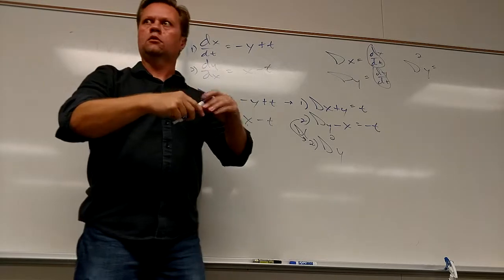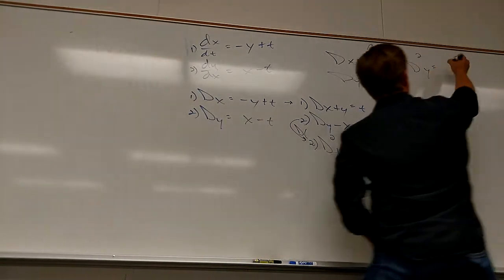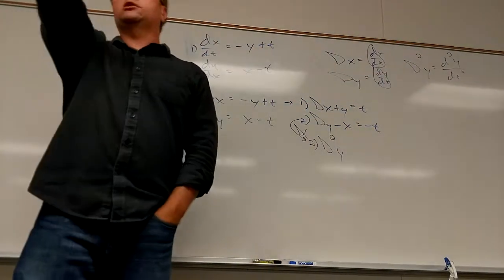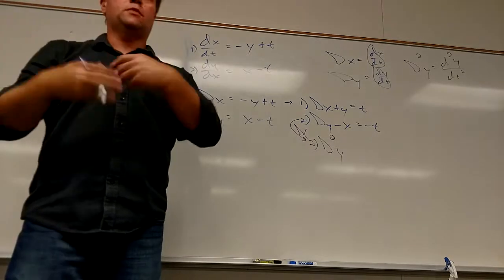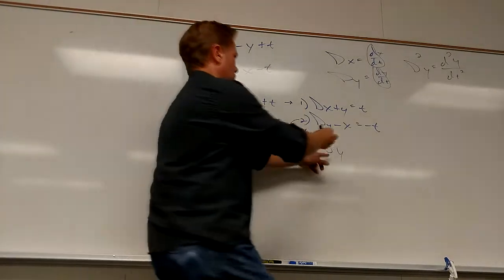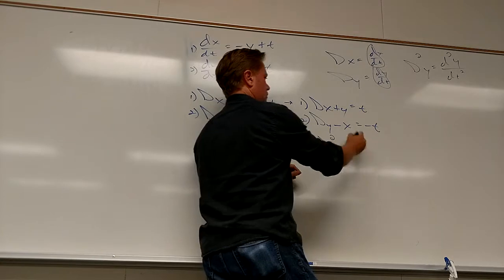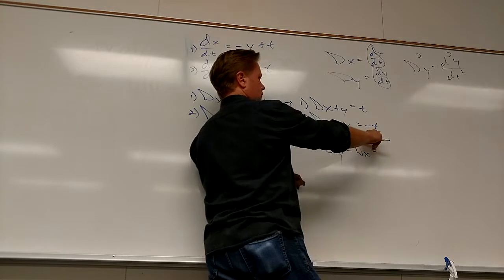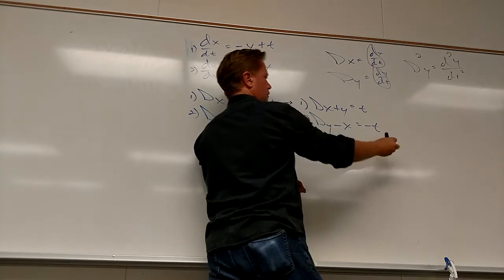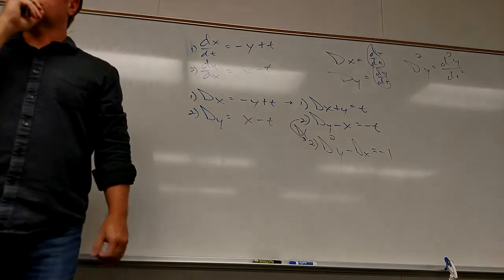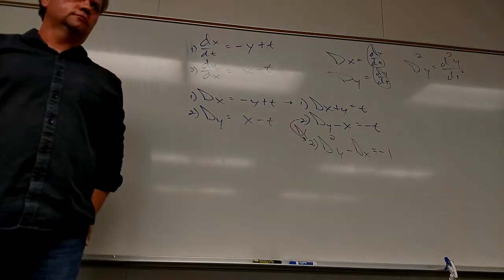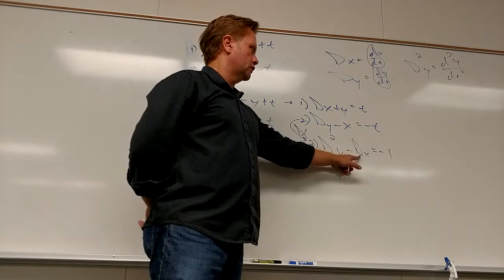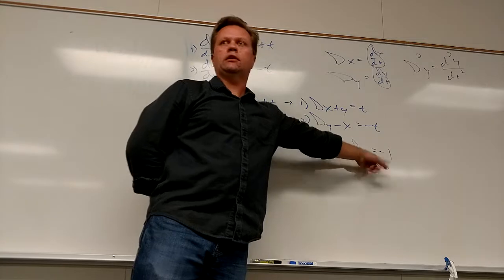It's d squared y over dt squared. That's what it really represents. It's just too much to write down, so we take the operator notation. It makes it a little easier to keep track of stuff. Minus dx, careful, it's with respect to t, equals now negative 1. All I did was take a derivative with respect to t. That one already had one, so now it's the second derivative. That one didn't, so now it's the first derivative. That one's t, the derivative with respect to t is negative 1.